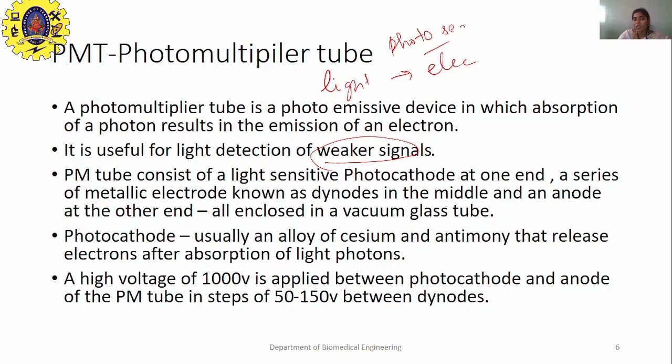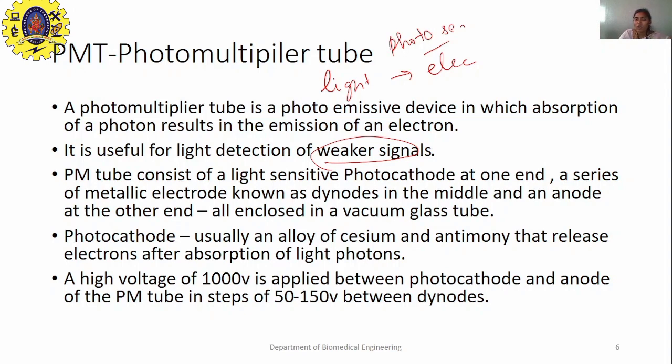Here in the photo multiplier tube, we can detect weaker signals, and the output electrical signal will also be very strong. That is the first and foremost advantage of the photo multiplier tube over the photo tube. Other than that, everything is the same as a photo tube.